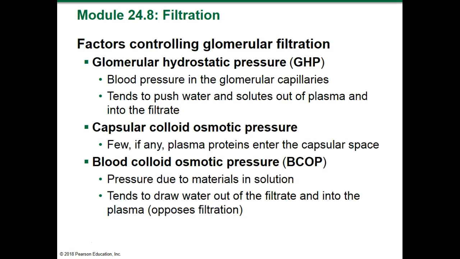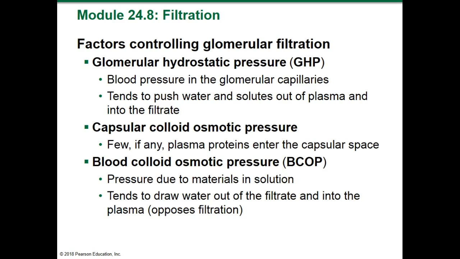We also have capsular colloid osmotic pressure though. So that means basically the solute concentration inside of the fluid. And few, if any, plasma proteins actually make it into the capsule space. So we still have, it's like when we're talking about a hypertonic situation that pulls water into it.